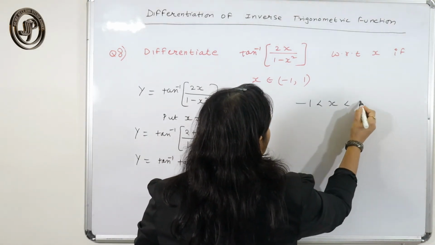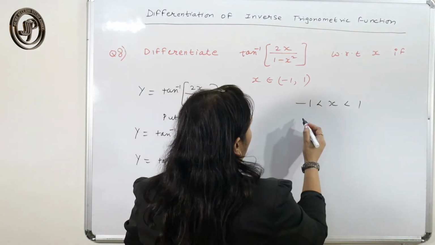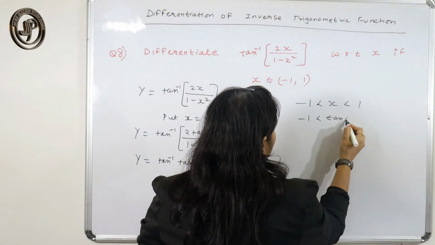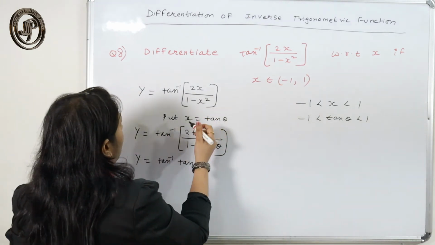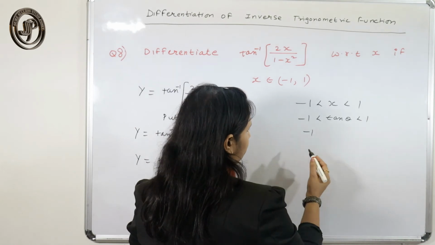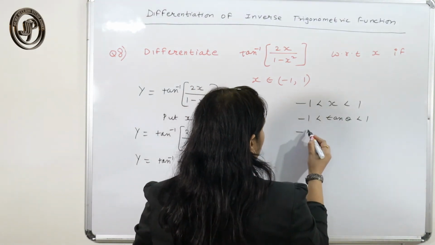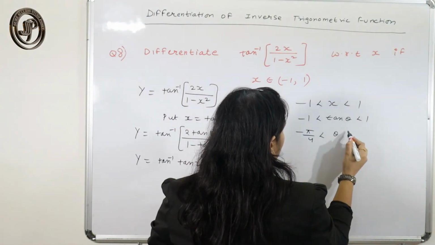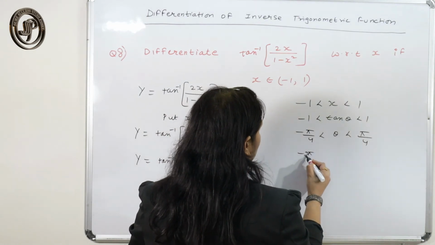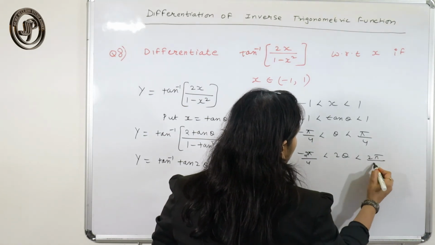x lies between minus 1 to 1, that is given. Now I have to replace this x with theta. So I have substituted x as tan theta. So when tan theta is 1, theta is pi by 4, so it will come minus pi by 4 to pi by 4. Now I have to check with 2 theta, so I just multiply the whole thing by 2.